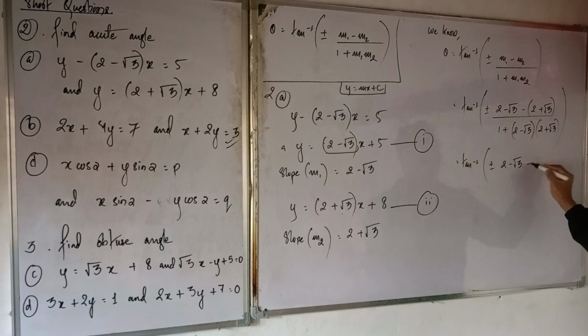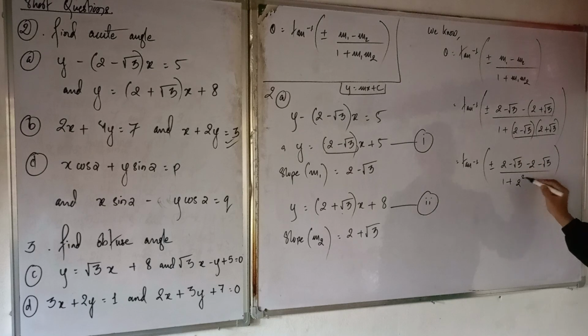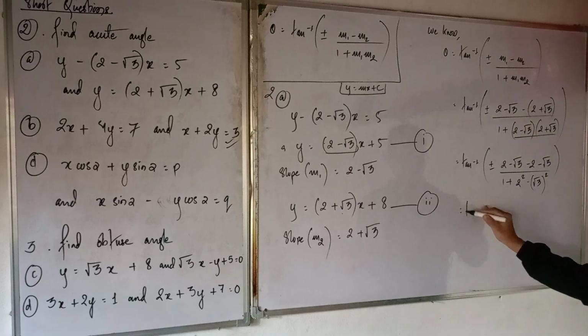Now open the bracket with the minus sign: minus 2 minus root 3. So 1 plus, it goes into the form of a square minus b square: 2 square minus root 3 square, whole square.